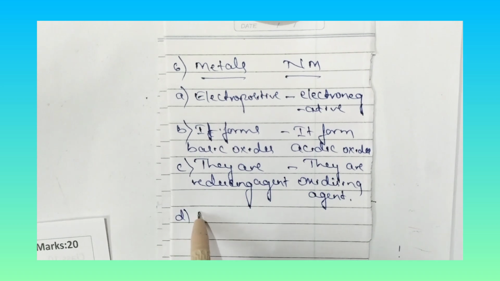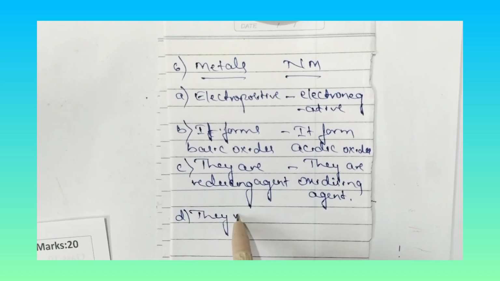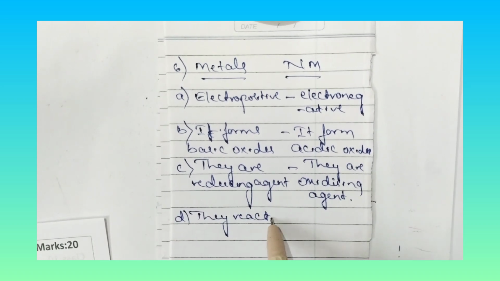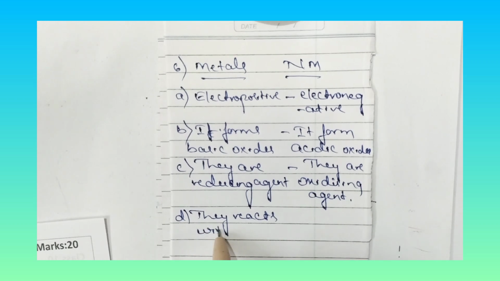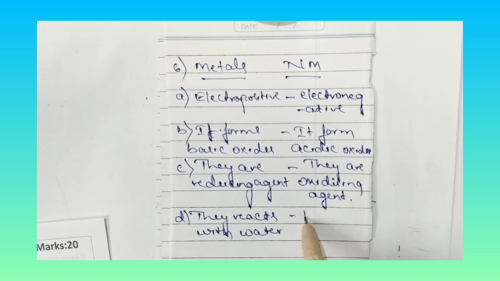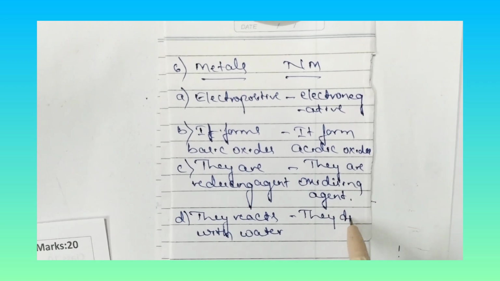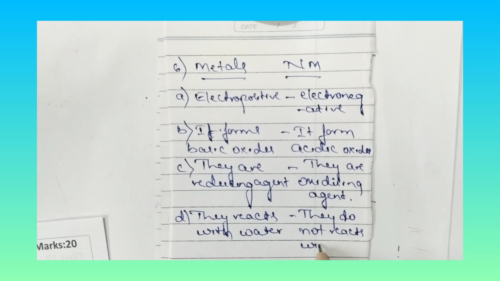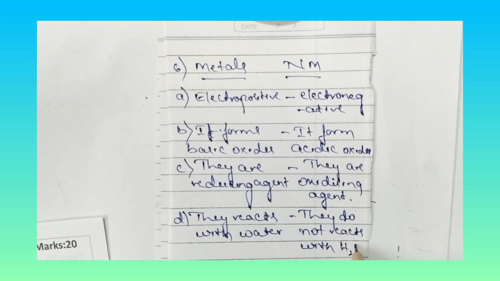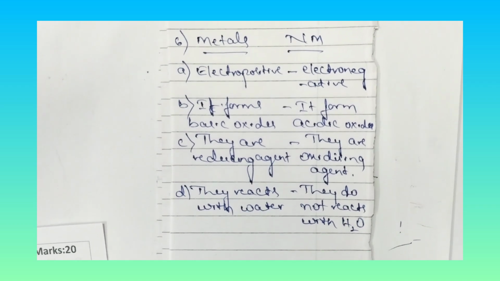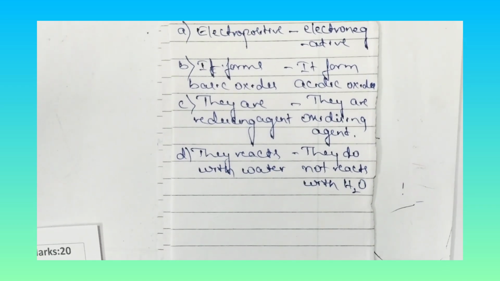Then the next one, metals react with water. Non-metals do not react with water. So these are some of the chemical differences between metals and non-metals.